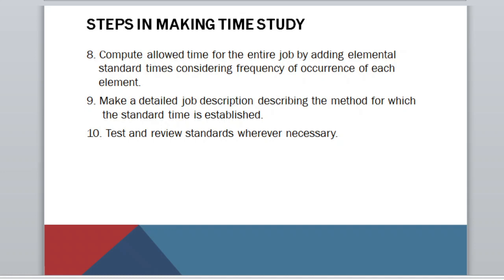These are the list of jobs or activities you will do, the description of the activities, describing the method for which the standard time is established. Next is to test and review standards wherever necessary, because maybe your standard is not the standard the company wants, or your standard is not really the standard of the market. So you have to validate it.